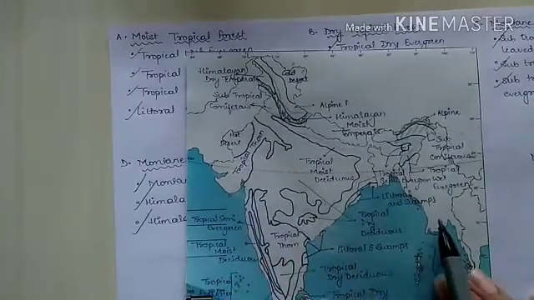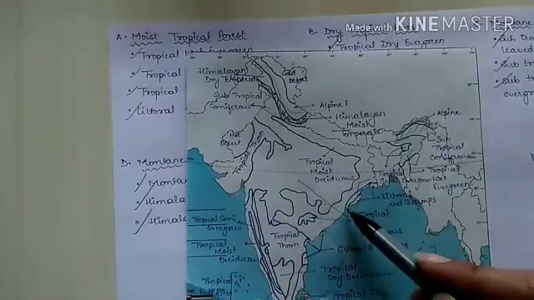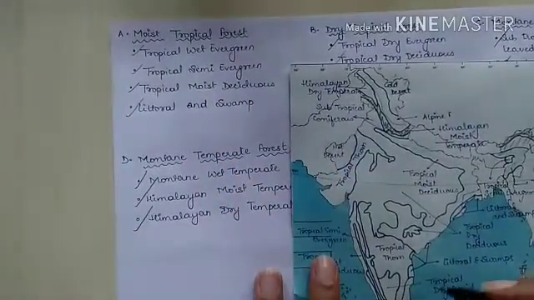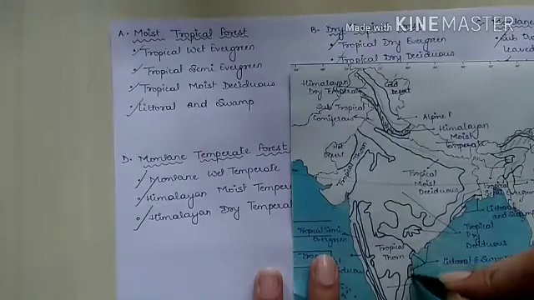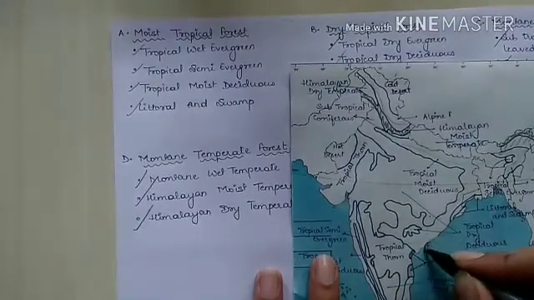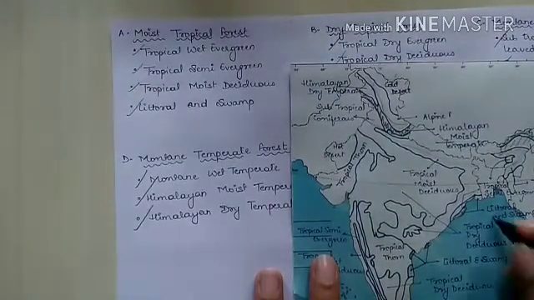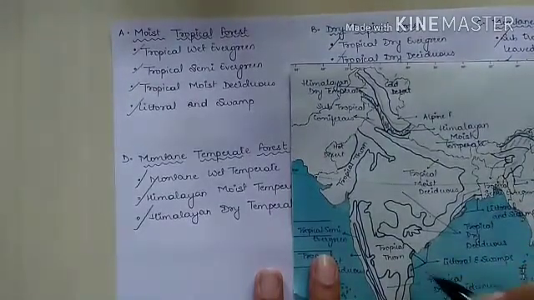Then next we have the swampy forest or littoral or swamps. Littoral swamps are found in the deltaic region. These regions are littoral swamps, the deltaic region or tidal forest.